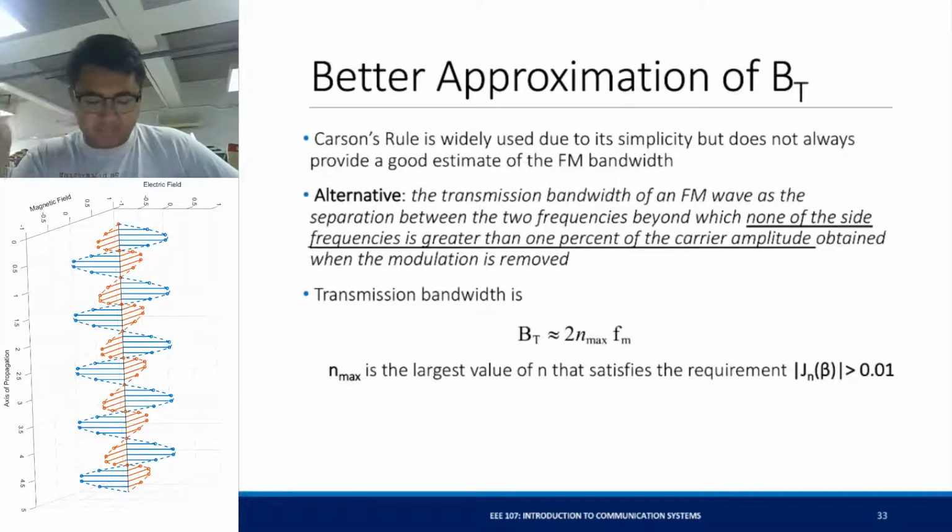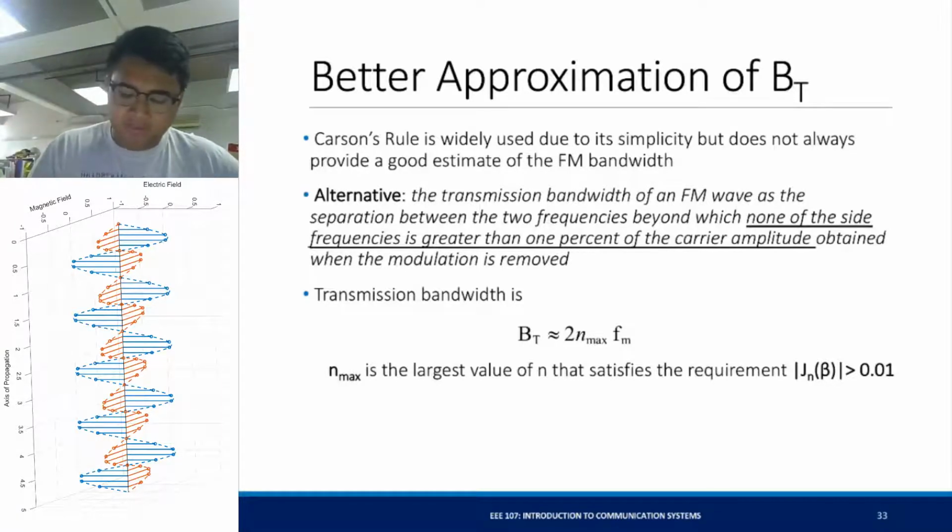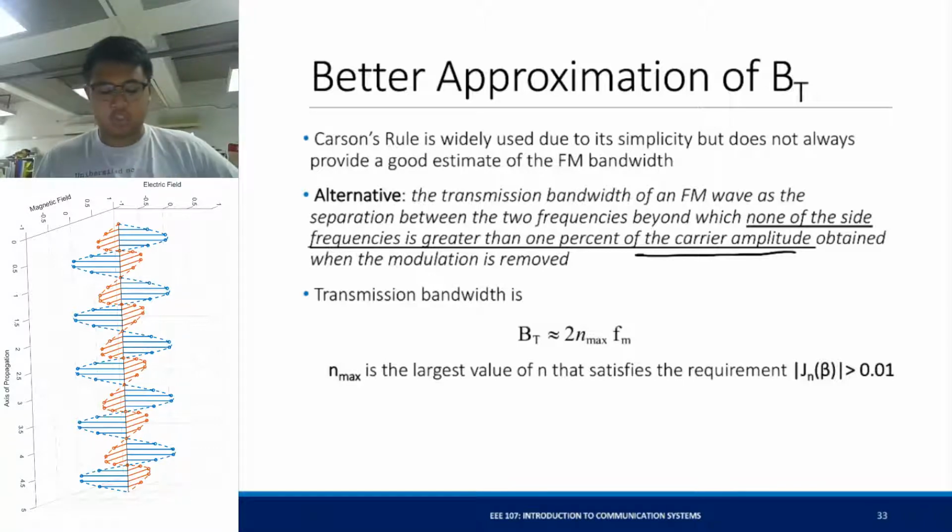So maybe there's an alternative. The transmission bandwidth of an FM wave is the separation between the two frequencies beyond which none of the side frequencies is greater than 1% of the carrier amplitude obtained when the modulation is removed. So we will find an n max that has the largest value that satisfies this requirement.